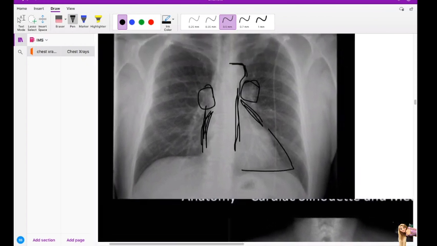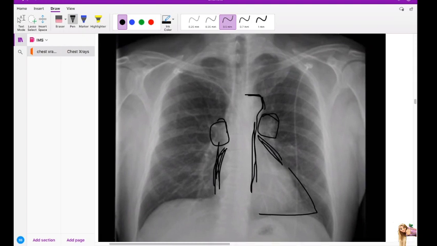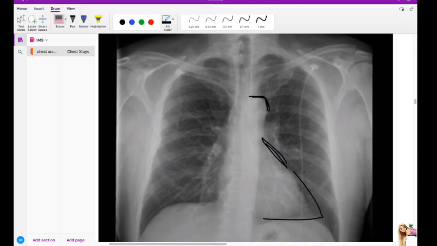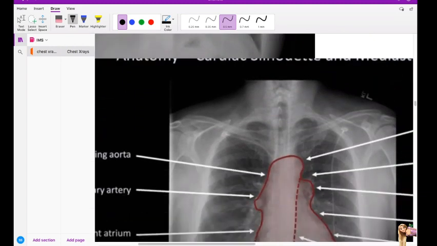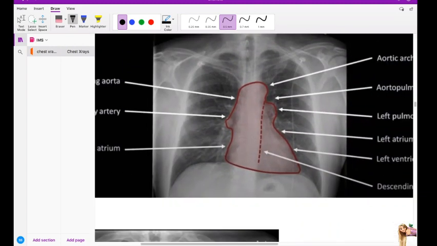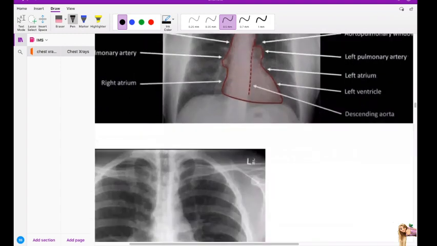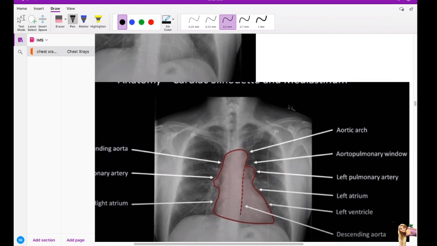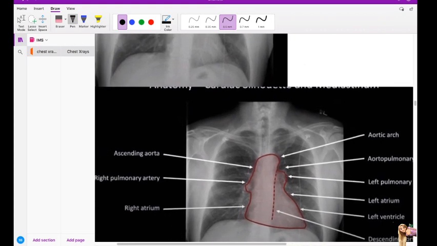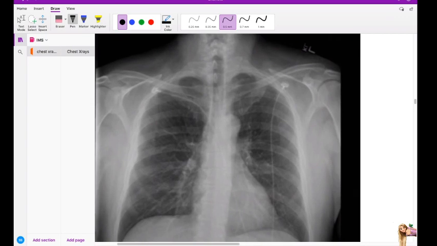I don't see any vessels. Anyways, we'll go to the next one. Are you guys understanding? Are you guys able to see? It's basically like the border.